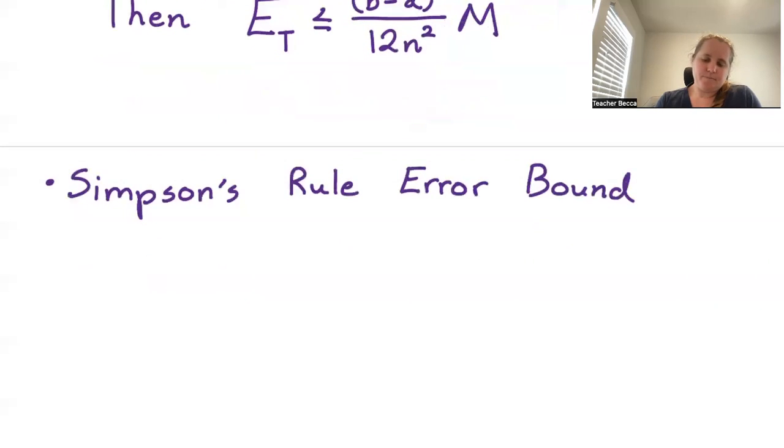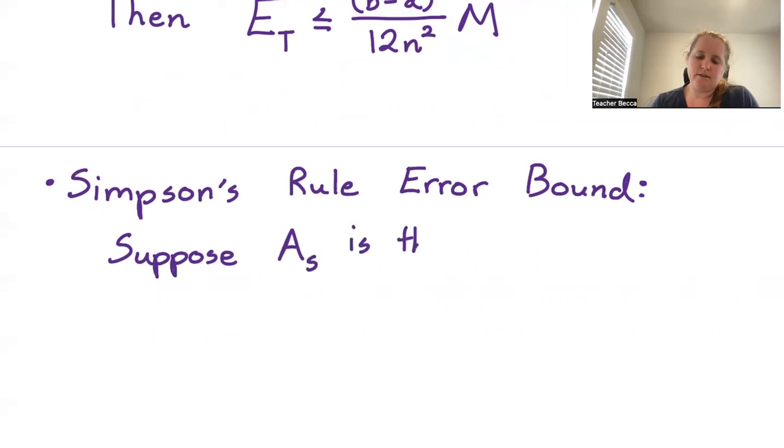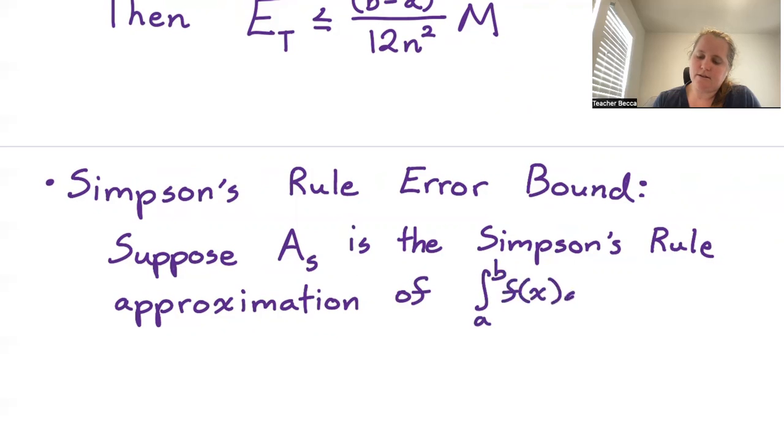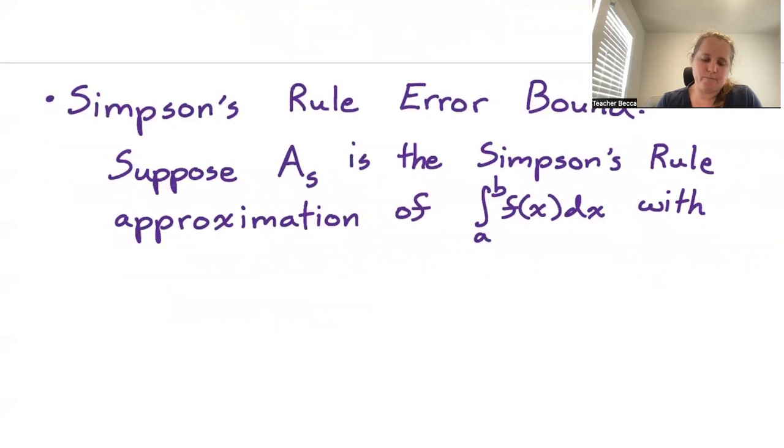So again, we're going to suppose capital A sub s is the Simpson's rule approximation of the definite integral from a to b of f of x dx with n equally spaced subintervals.